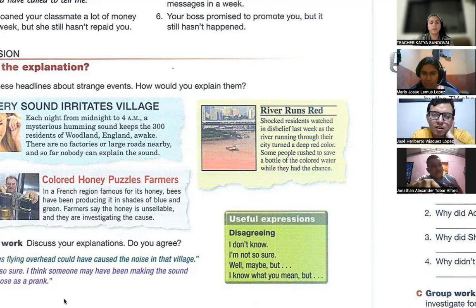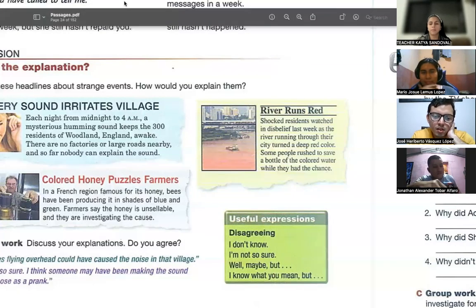I think it is a kind of plants that are under the water, and the plants are making the red color in the lake. Okay, so we can say the plants could have caused this problem, right? Yes. And Mario, algas, that is seaweed.